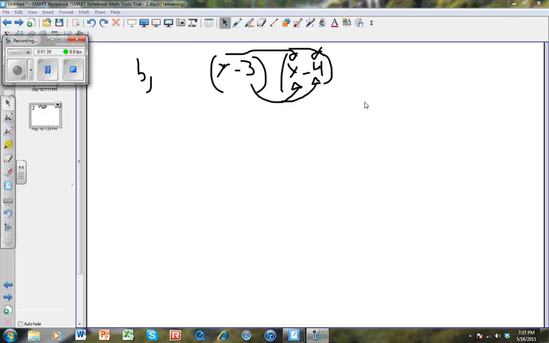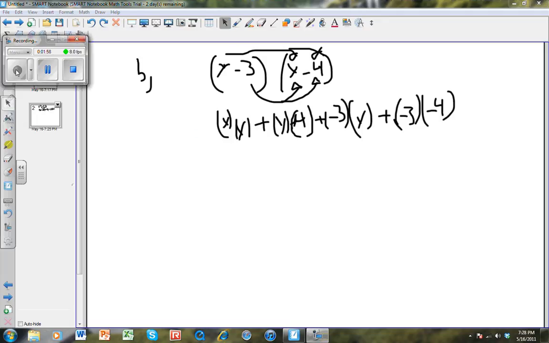Okay, so question B. It's y minus 3 and y minus 4. We're just going to be doing the same thing as usual, just FOILing this. I'll pause it and write it out again. Okay, so I've expanded the question. So then we have y times y, and y times negative 4, plus negative 3 times y, plus negative 3 times negative 4.